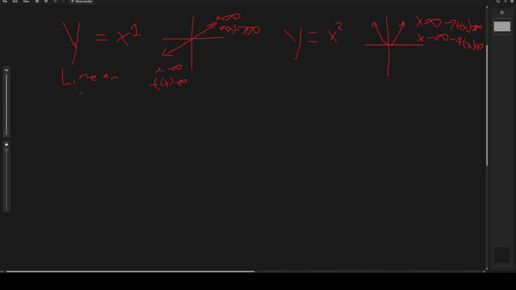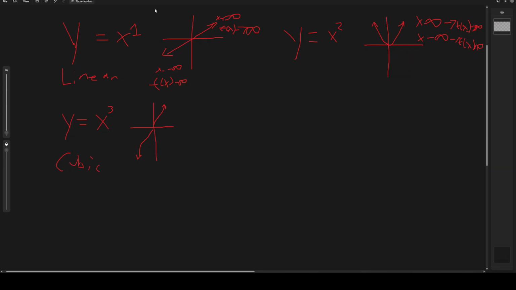So now let's look at cubed. y equals x cubed will look something like that, right? And what can you notice about a linear function and a cubic function?